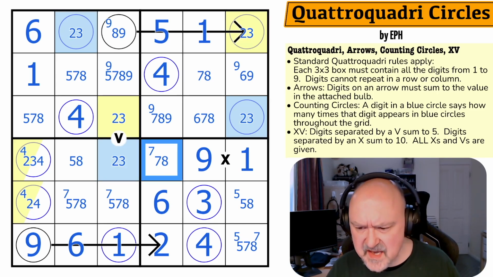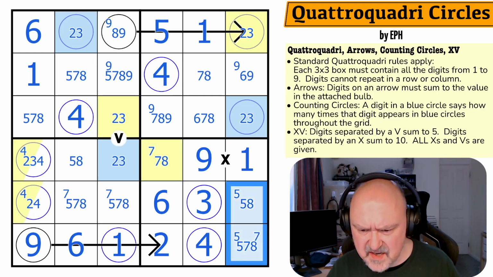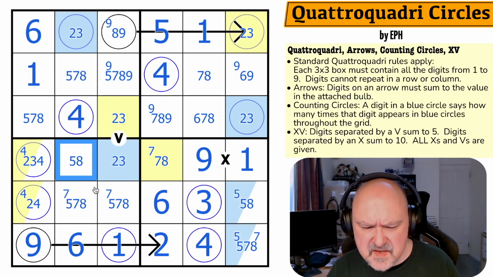So this is the opposite of this. So this is the yellow high digit. So the blue high digit is down here.